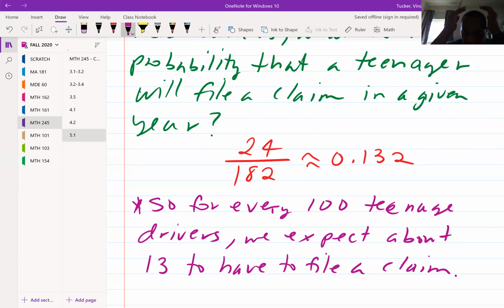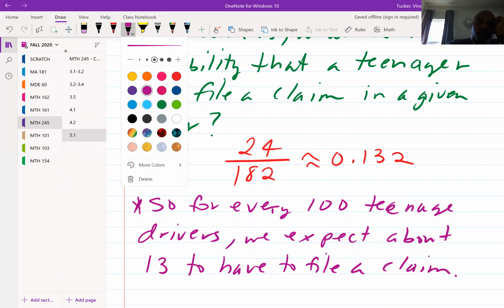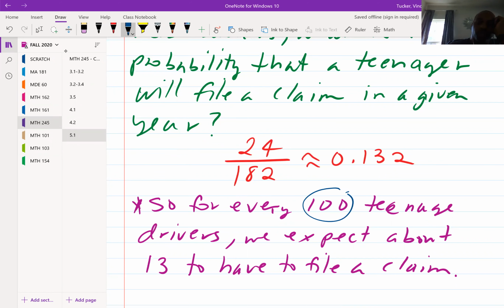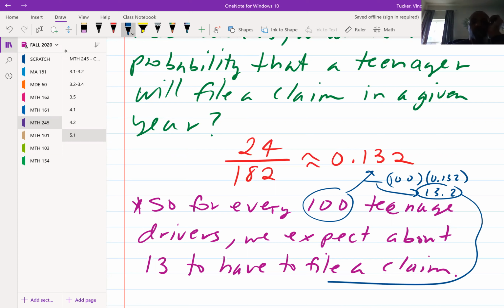My math lab may give you this type of statement as a possible answer: for every 100 teenage drivers, we expect about 13 to have to file a claim. What they did was take the 100 and multiply it times the 0.132, and that would be 13.2. So that's where they're getting that 13 from. Whatever this number is, you multiply it times the probability.